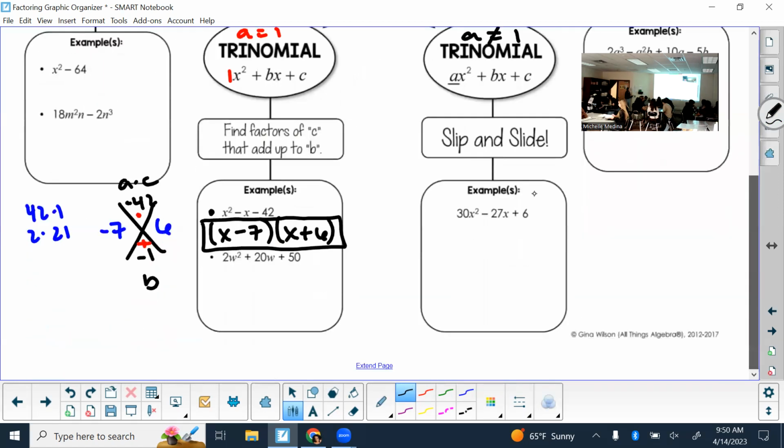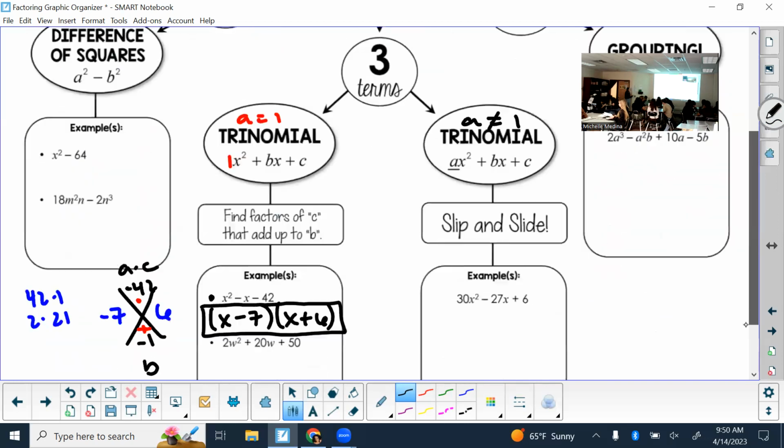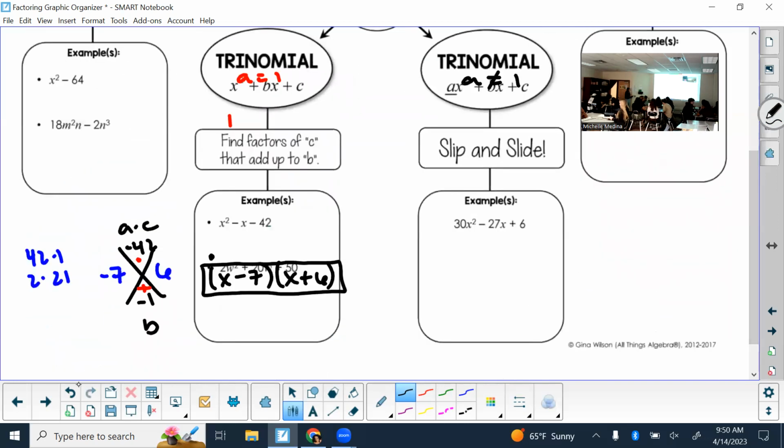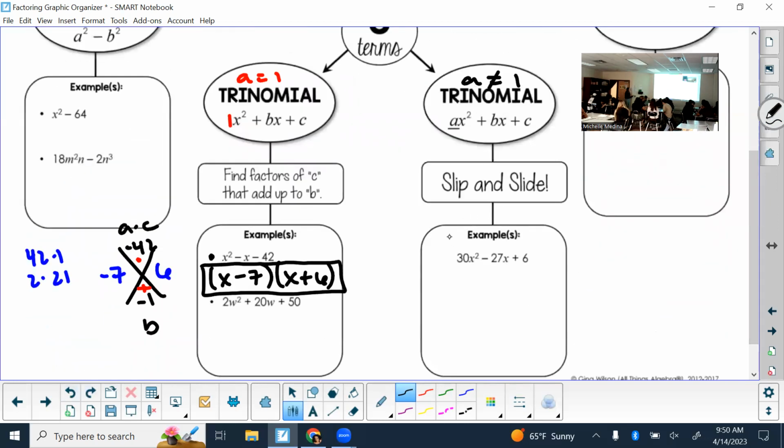So in this one right here, is there a common factor between 30, 27, and 6? 3, and that's the biggest number we can think of that does that. 6 doesn't divide evenly, but 6 can be broken down into 3 and 2, and 3 works.